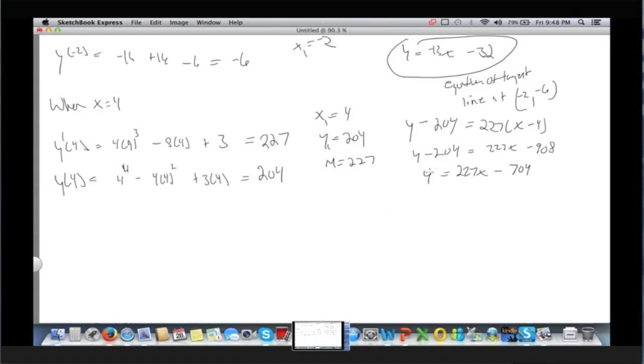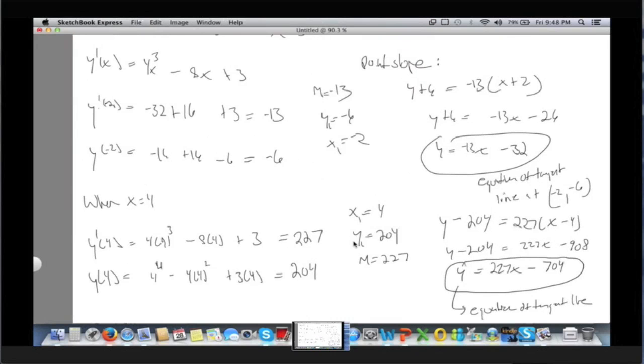Here's the equation of the tangent line to the function when x equals 4. Great. Let's try to put that on the graph. It'll be a little tough because it's kind of off the graph. We'll just have to fudge it a little bit. But as best we can, let's try to graph our results here on the same graph that we did before.